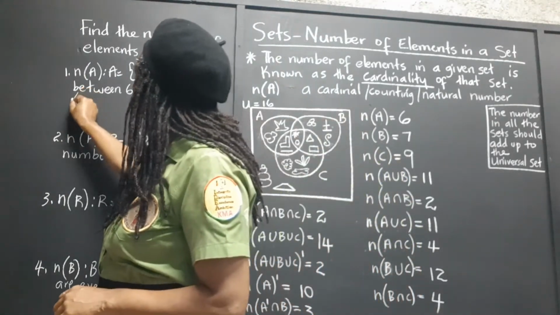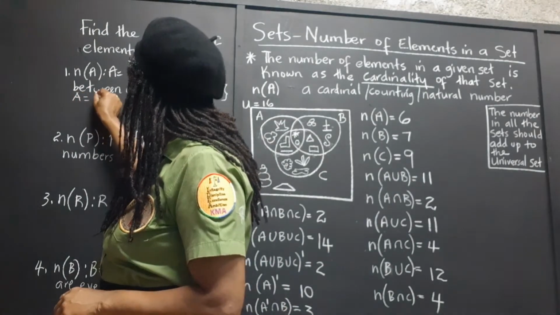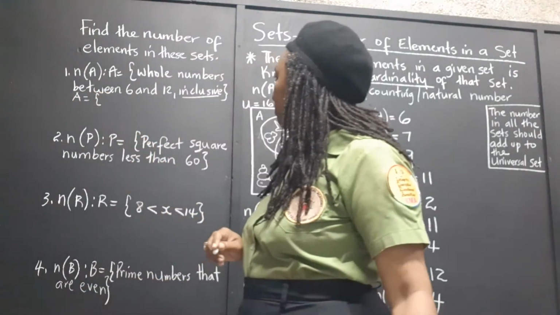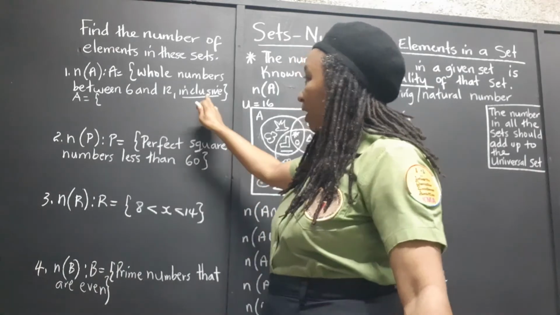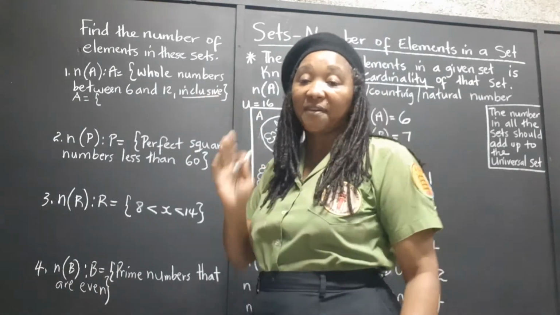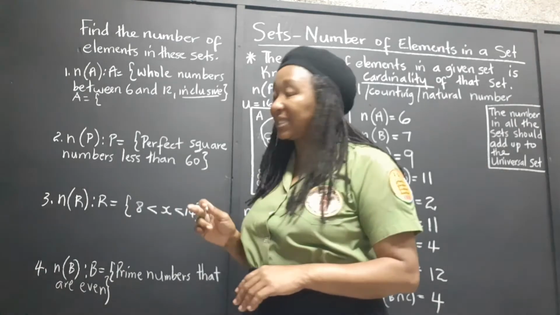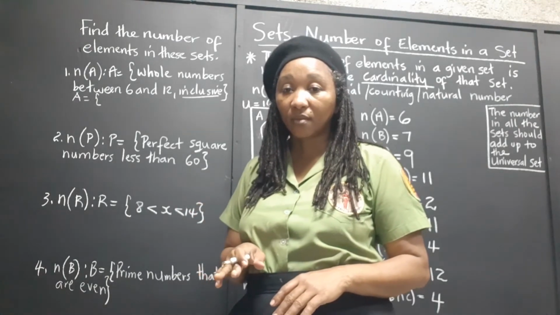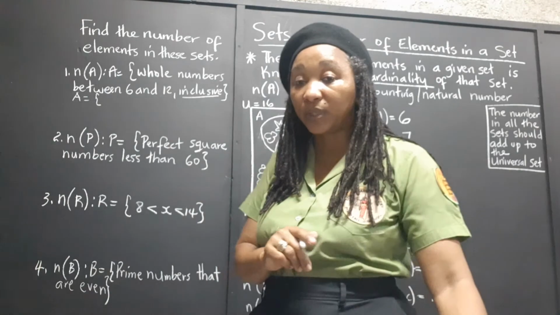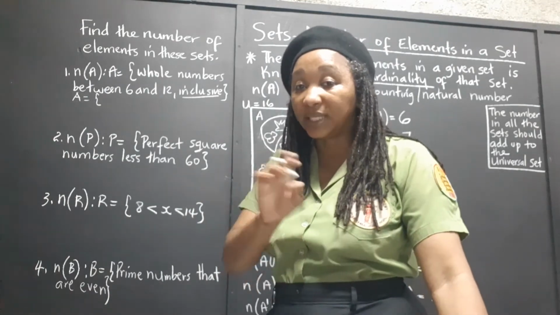So, whole numbers between 6 and 12, but we're including 6 and 12. If it had just said whole numbers between 6 and 12, then we would not include the 6 and 12, just the ones in between.